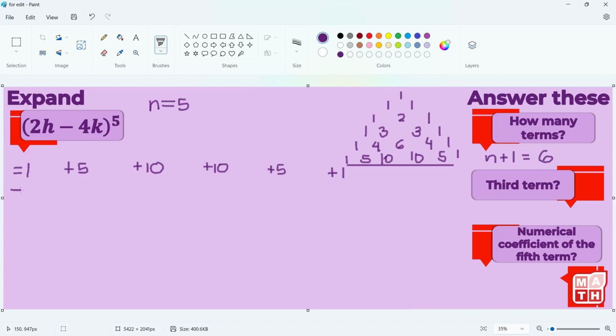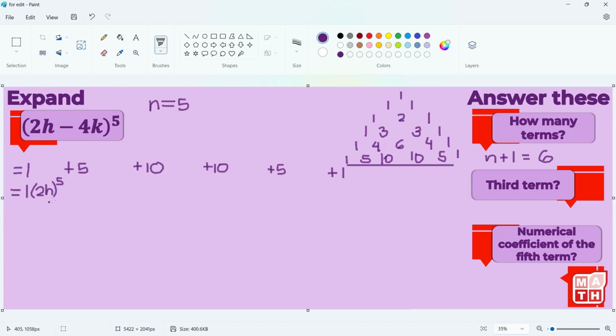So let's start. In our previous videos, we were able to see the pairing of coefficients for the first and the second term following a specific pattern. But here, since we don't have enough space, let us try to solve this at once, guided by this process. You will have your coefficient from Pascal's triangle, 1, and then the first term, not just h, not just 2, but the 2h itself, will be raised to the highest exponent of 5.